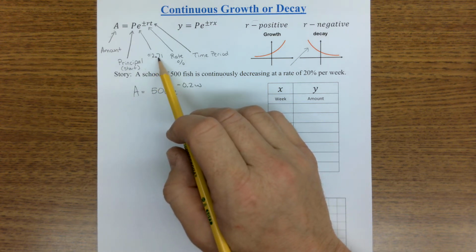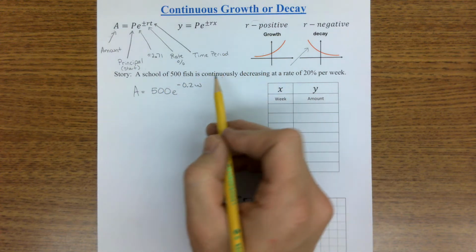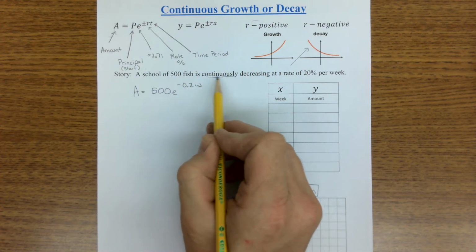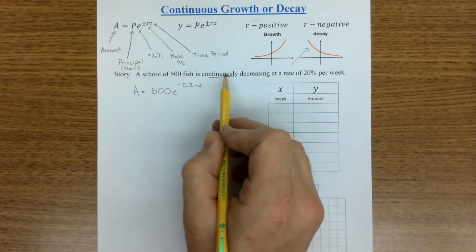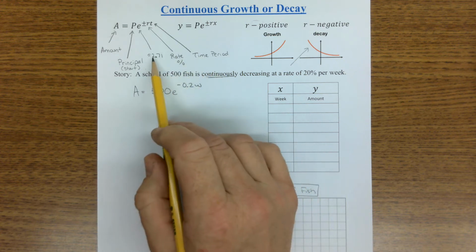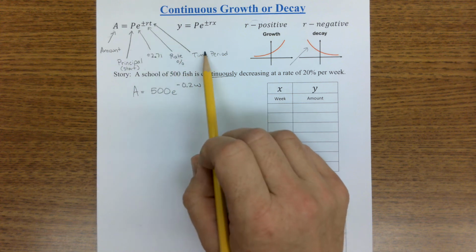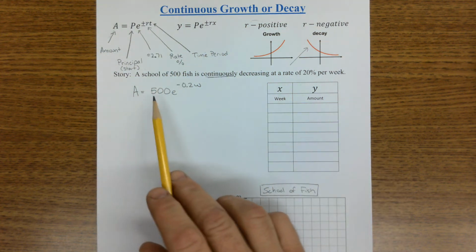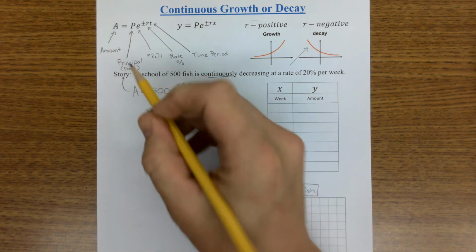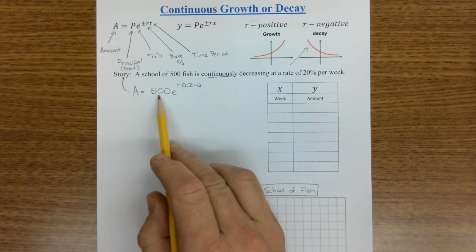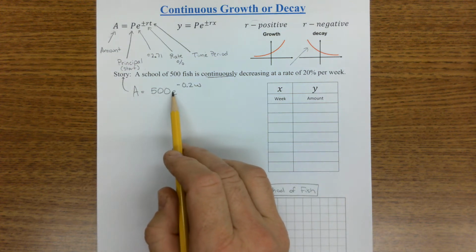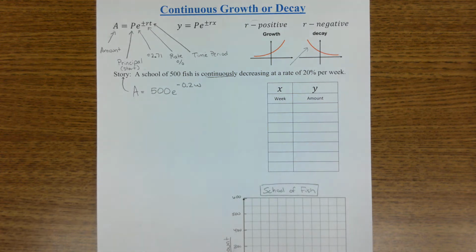It's an irrational number that gives us the answers for continuous change. When we see the word continuously, we use e. We put the rate, plus or minus, and the time period. Here's what the formula looks like for this story: the amount, 500, multiplied by e raised to this exponent.